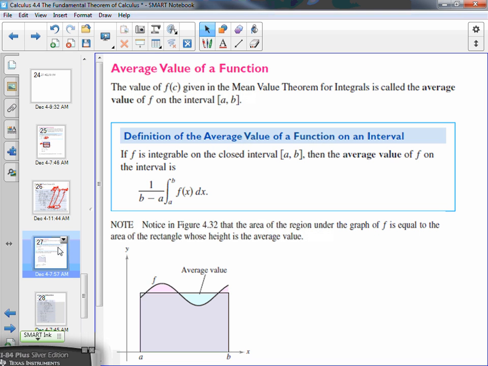Now, our definition gives us this little formula. It says if f is integrable, in other words, you can find its integral, on the closed interval from a to b, then the average value of f on the interval is this. And where on earth did they find this formula? If it's f of c, how come that's the formula to find it?